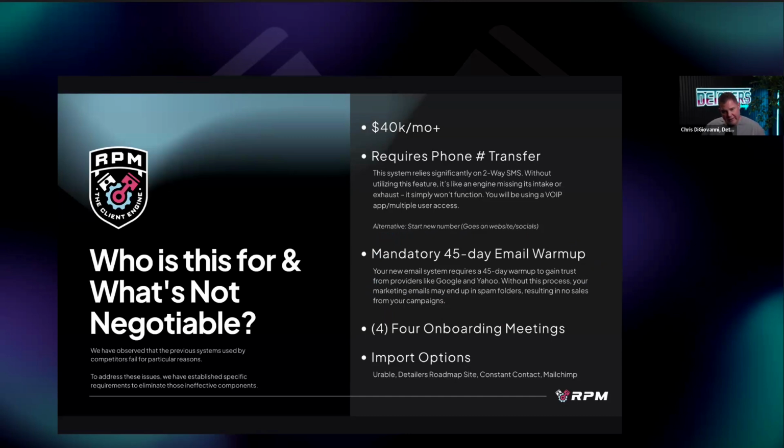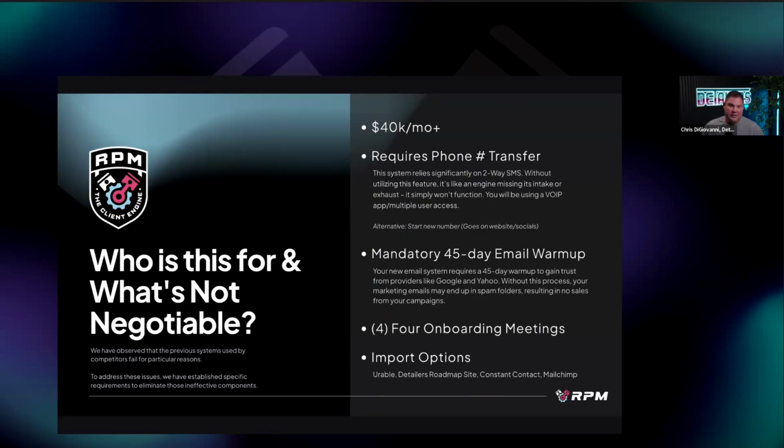The reason they were landing in spam is they didn't do two specific things. They didn't warm up the email, because it's a real thing. You have to warm up the email to show Google and Yahoo postmaster services that these are real emails getting really opened up. So we have to manually do this.